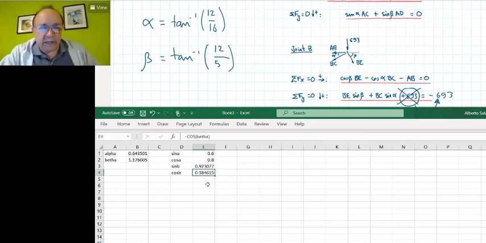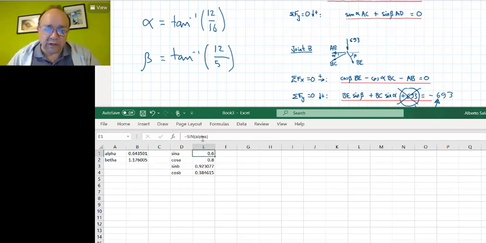Be aware that Excel works the angles in radians. So this number that you see here, this 0.6, is the arctangent of 12/16 in radians. And then here, when I calculate the sine and the cosine, it is taking this value in radians directly. Excel works all those angles in radians.